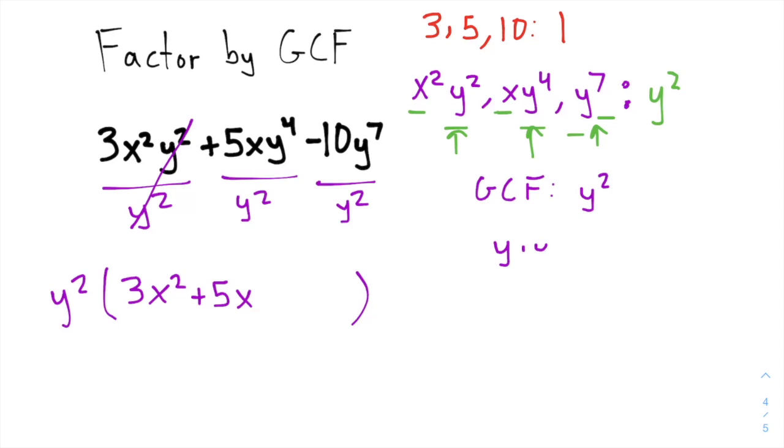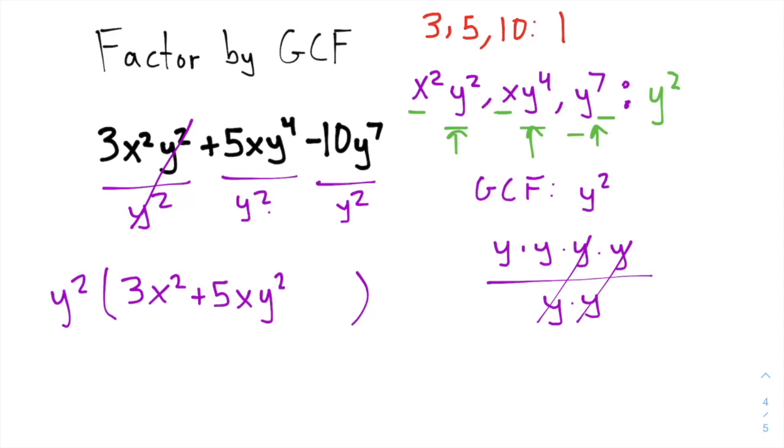Y squared divided by y to the 4th. Just to write this out again, that's y times y times y times y, that's y to the 4th, over y times y. So 2 y's cancel top and bottom, leaving us with 2 y's multiplied together, so that's y squared. Using our shortcut, I can think y to the 4th divided by y squared is y to the 4th minus the 2nd, which is 2. 4 minus 2 is 2.